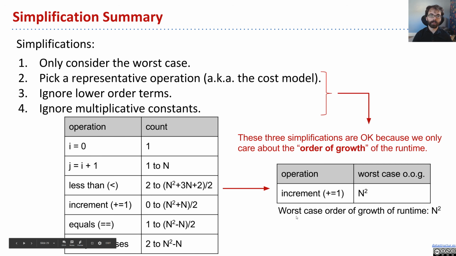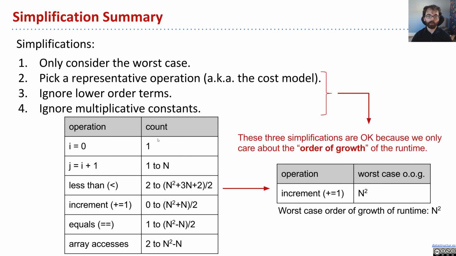All right. So to summarize that whole process, given our table, we have 4 simplifications. The first one is considering only the worst case, and the bottom 3 basically say we only care about the order of growth. So we're going to pick a row, throw away all the lower order terms in that row, and also drop the multiplicative constants.